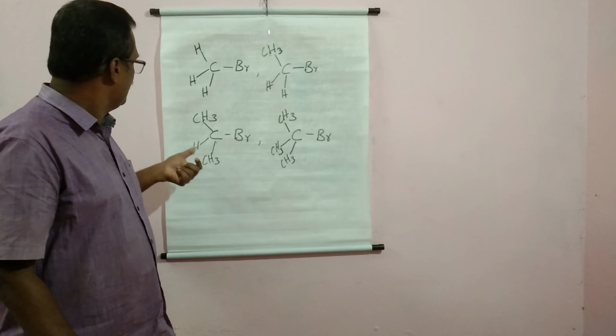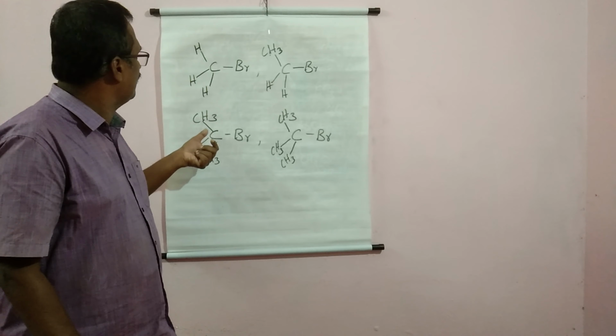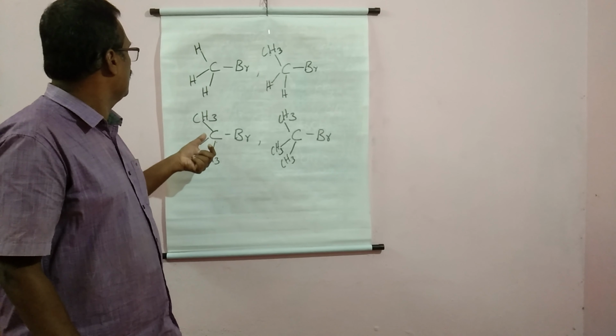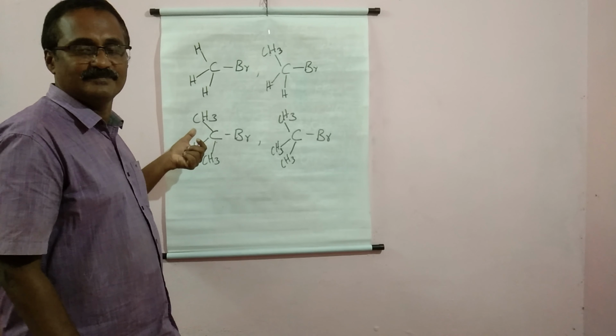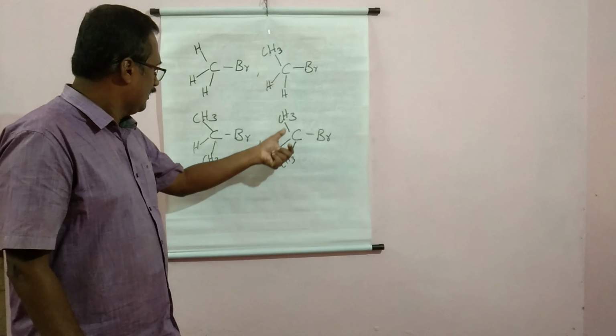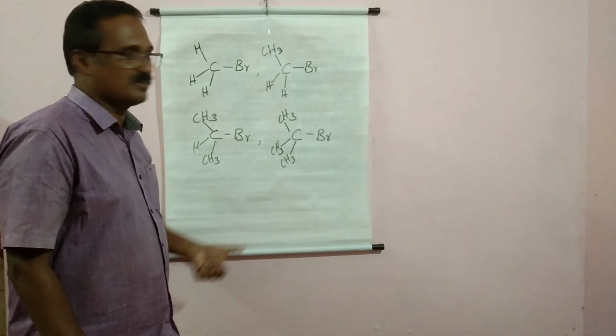Then what happens? The approach will be less possible, and it is more difficult for the nucleophile to attack this carbon atom. Here, all hydrogens are replaced by methyl groups.